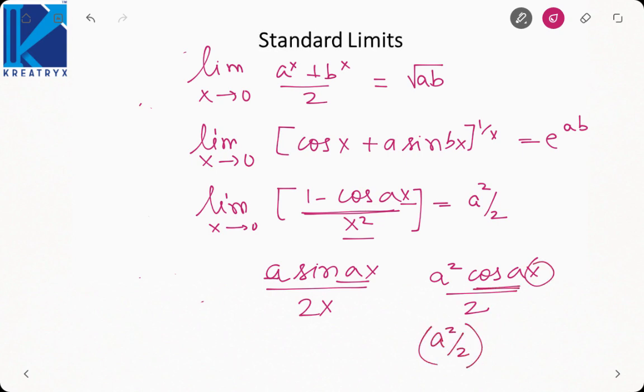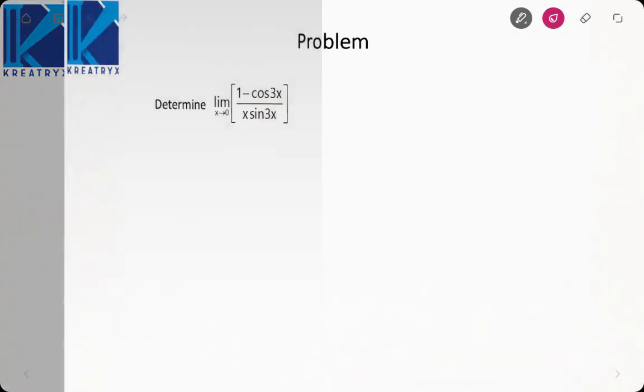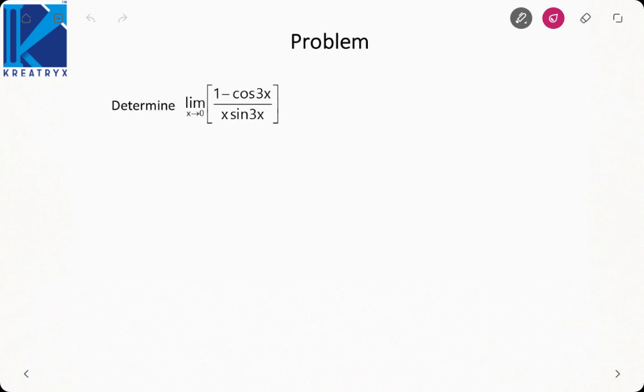So most of these limits have been derived from the L'Hopital rule. That is very important, so remember such a rule. Is it fine? Let us see a problem based on this. I need to find the limit as x tends to 0 of (1 − cos 3x)/(x sin 3x).